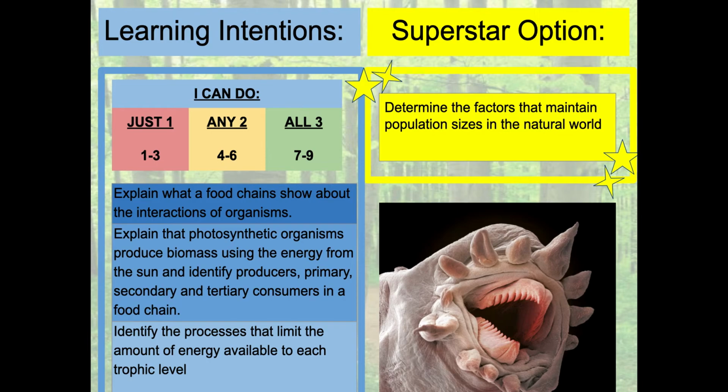So what we're looking for: knowing about food chains and food webs, knowing that photosynthetic organisms are the producers and they're at the start of all the food chains, all the food webs that you might possibly conceive of. They produce biomass. This is organic material. So green plants use carbon dioxide and sunlight to produce glucose and oxygen.